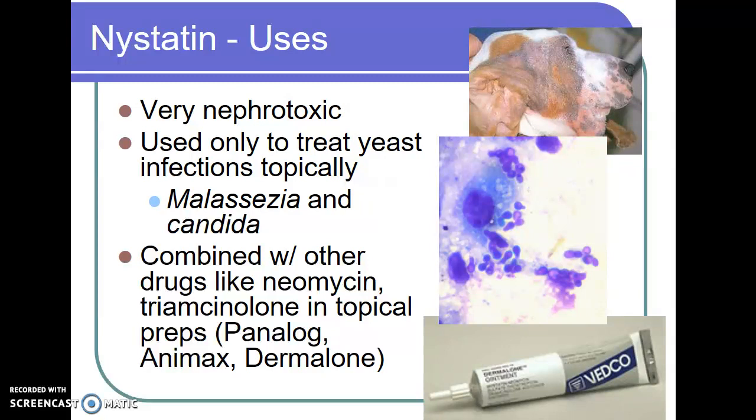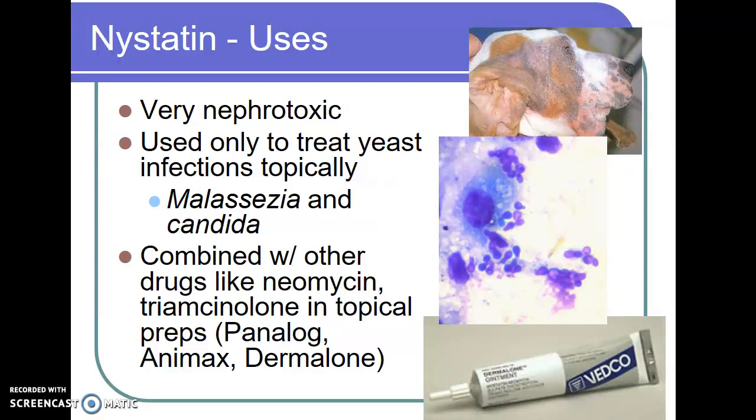Depending on the time, it seems like these drugs have kind of rotated. I don't know if they just aren't that profitable, and so then other companies come up with them. But in the past, this drug has been called Panalog, Animax, Dermalone.